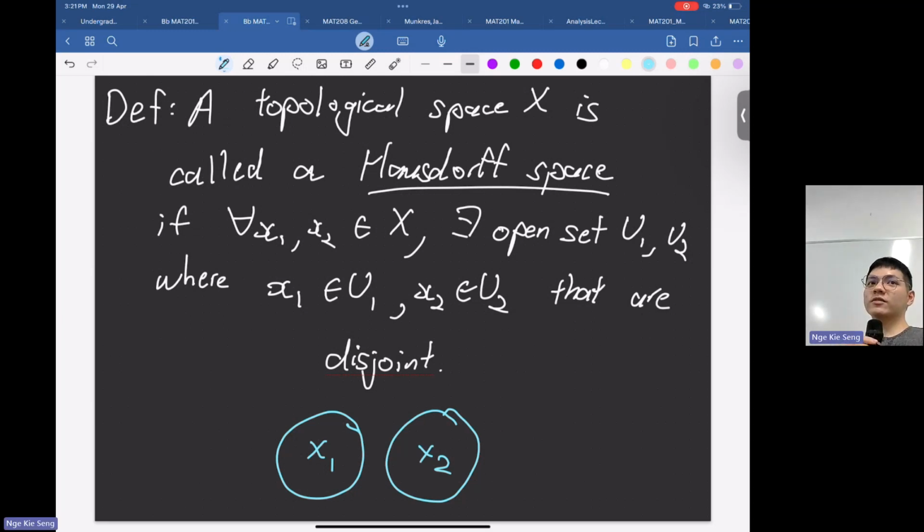So every Hausdorff space will have a unique limit, as in R^n. As long as you have a Hausdorff space, you will have uniqueness of limit. Tomorrow I will show you, if it is not Hausdorff, how the limit can be non-unique.